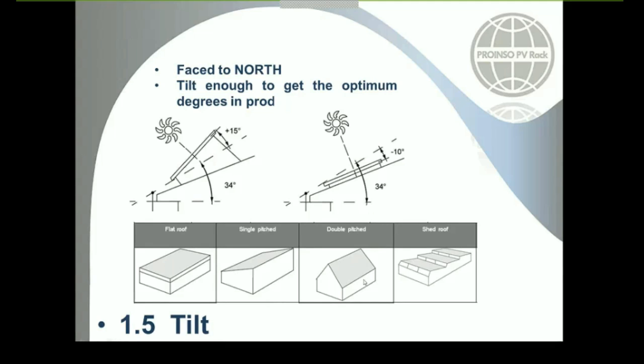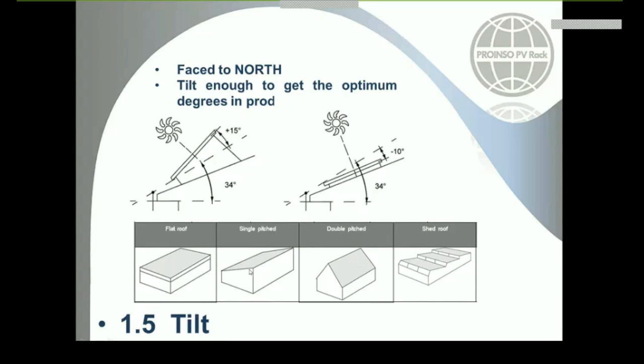For example, imagine that here we have this double pitched roof oriented to the north. We could install our panels directly with the angle of 34 degrees and get the optimum one. But imagine that in this single pitched roof, the north is here.